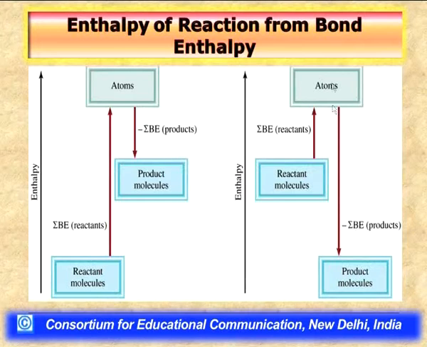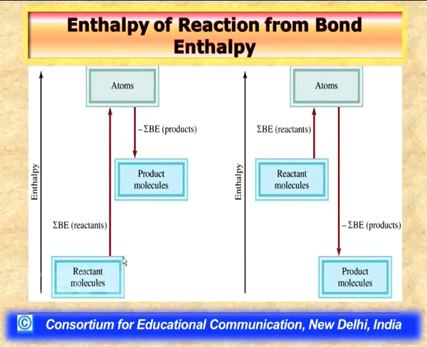Let us consider this chart, with the help of which we can understand this whole process. Whenever reactant molecules transform to products, for example on the left-hand side, this represents an endothermic reaction, because the sum of enthalpies of the reactant molecules is lower compared to the product molecules. So this reaction occurs with the absorption of heat, and the products have greater enthalpy than the reactants.